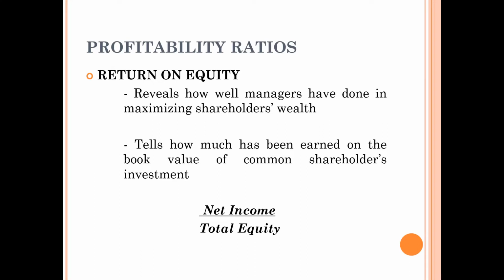Lastly, for the profitability ratios, we have the ROE or return on equity. It reveals how well managers have done in maximizing shareholders' wealth. It tells how much has been earned on the book value of common shareholders' investment. Formula is net income over total equity.